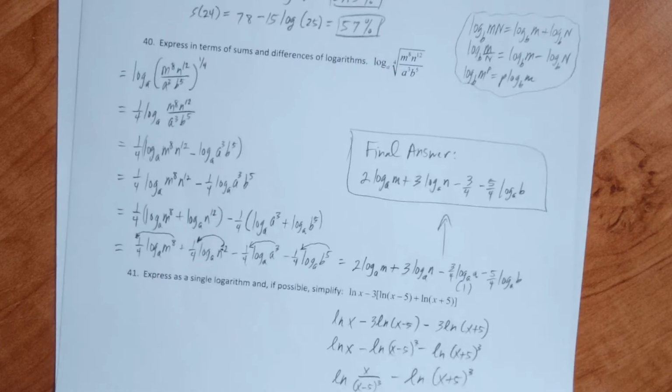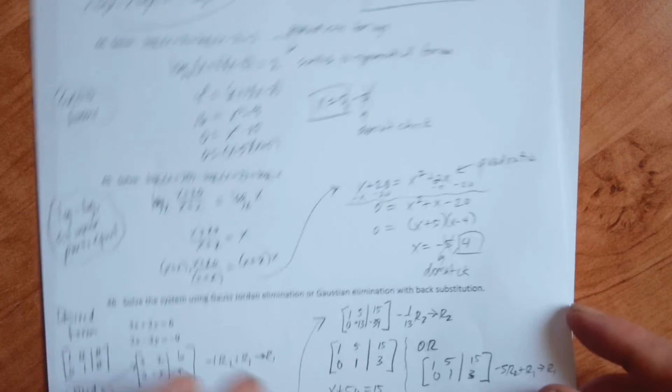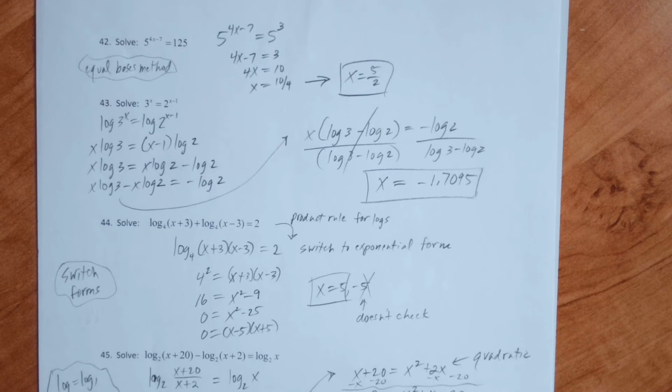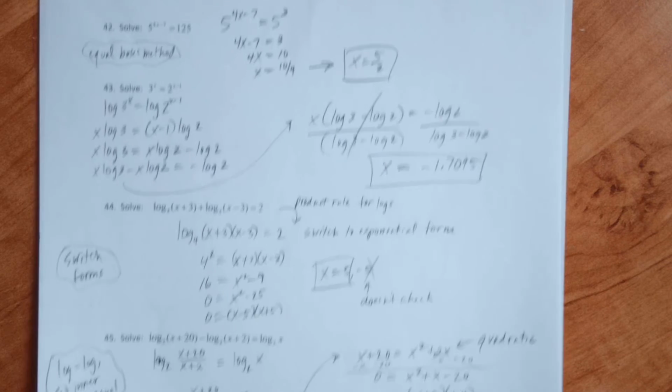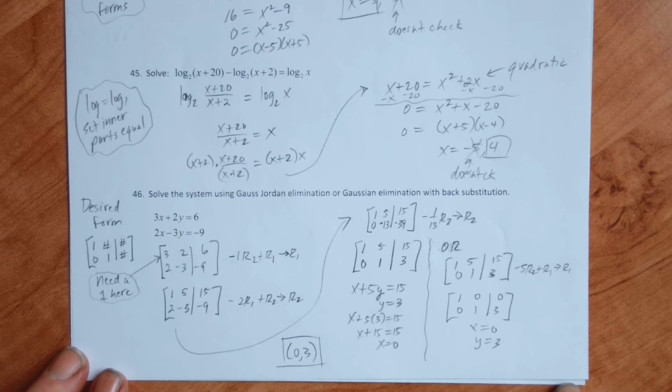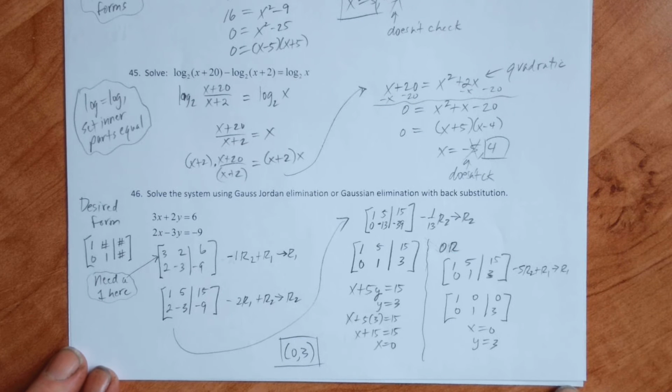The others are more reasonable. There's 42 through 44, and then 45 through 46.